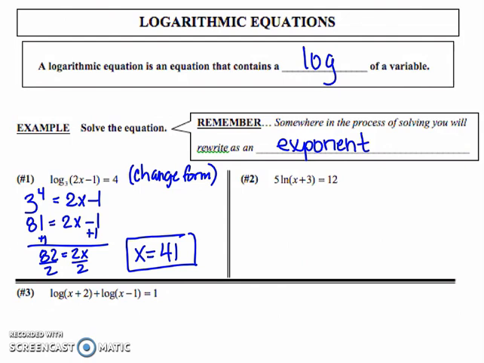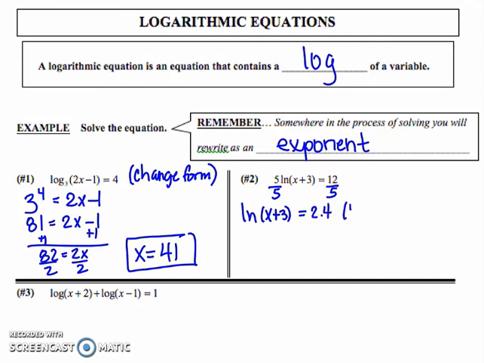In example number 2, this is similar, except I have an extra step because I have a 5 that's being multiplied times my log. So before I change form, the first thing I'm going to do is divide by 5. That's going to give me natural log of x plus 3 is equal to 12 divided by 5 is 2.4.